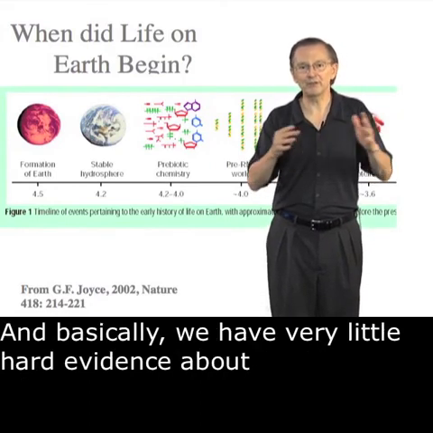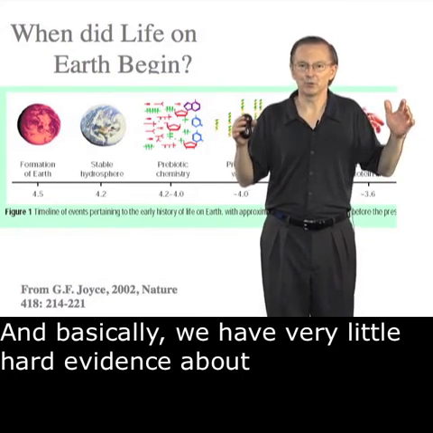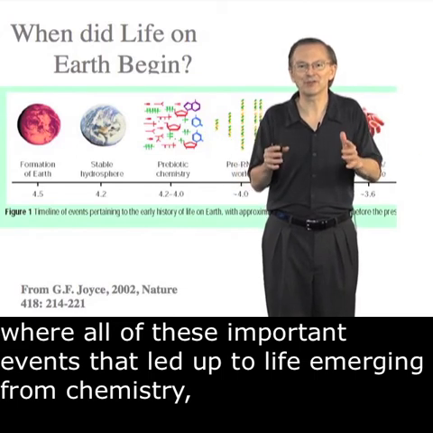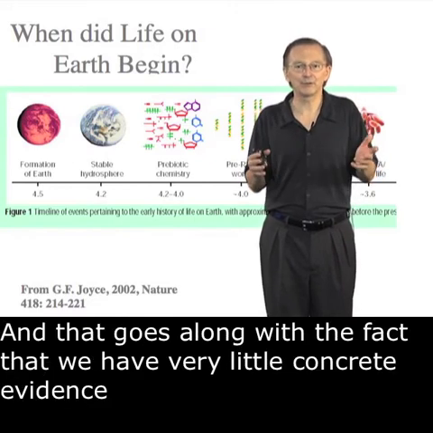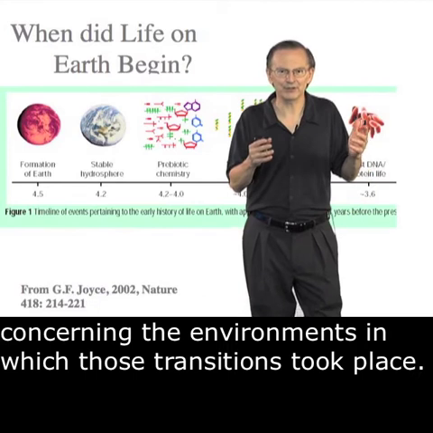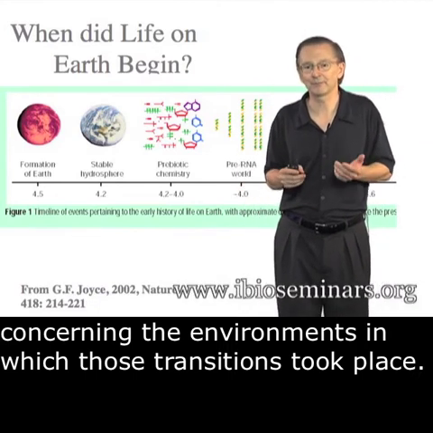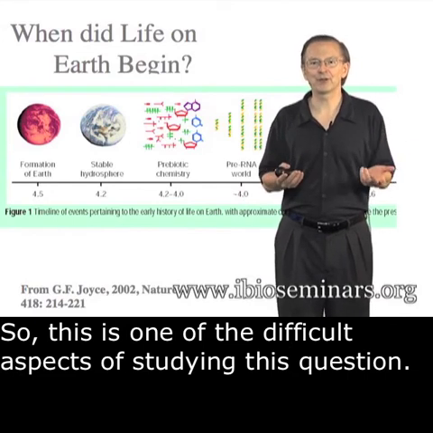And basically, we have very little hard evidence about when all of these important events that led up to life emerging from chemistry actually happened. And that goes along with the fact that we have very little concrete evidence concerning the environments in which those transitions took place. So this is one of the difficult aspects of studying this question.